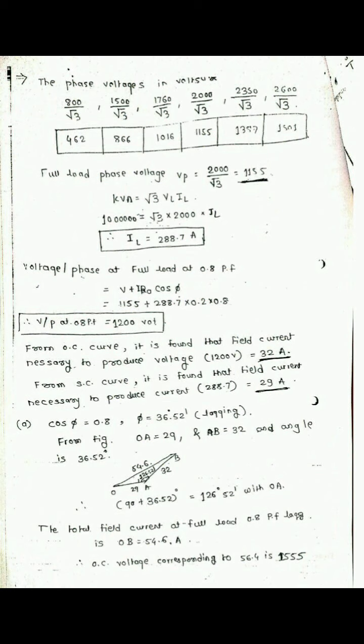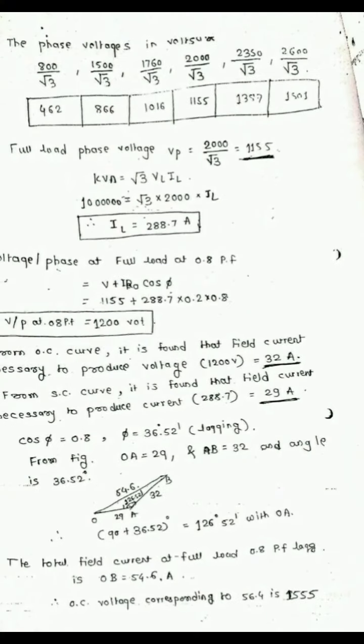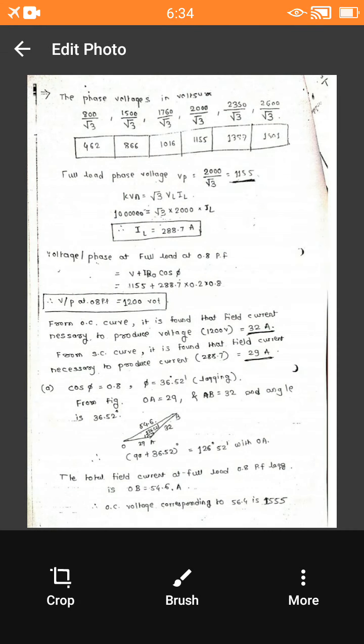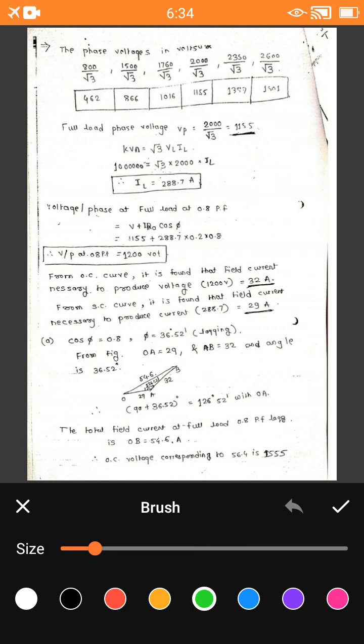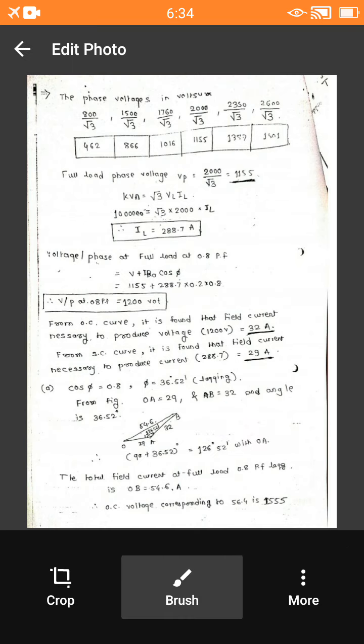Because we have the power factor cos phi equal to 0.8, so phi is equal to 36.52, and it is a lagging power factor. As we know, for a lagging power factor we consider the angle as 90 plus theta, so 90 plus 36.52.